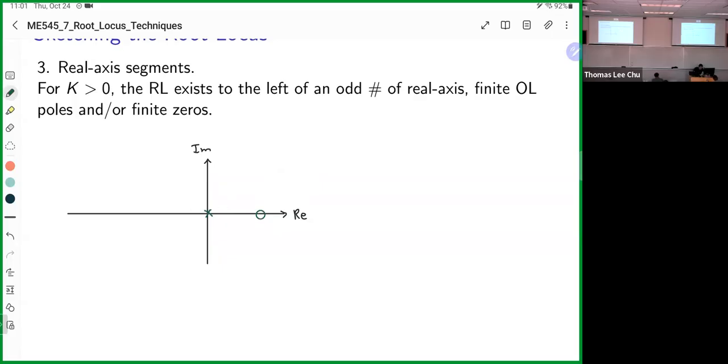It doesn't actually matter where it is. A pole here, and maybe a pair of complex conjugate poles, and a pair of conjugate zeros here.